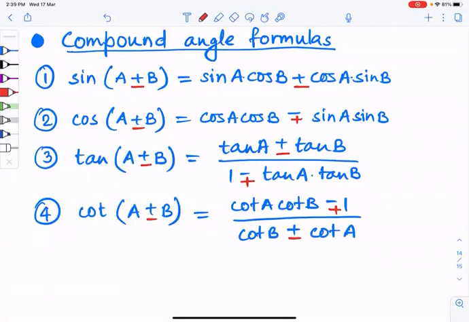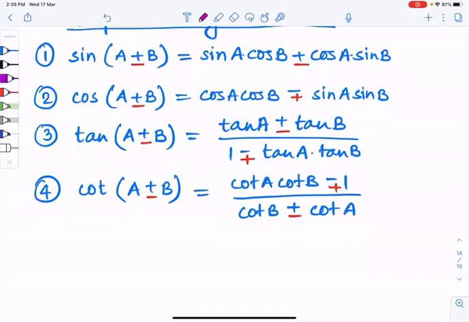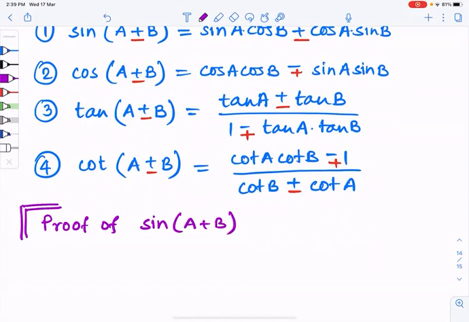How to use these formulas we will see. Before that, I am going to give a proof of the sin A plus B formula. The proof is not in the syllabus, but still you can try to understand it. If you can understand, it is good.